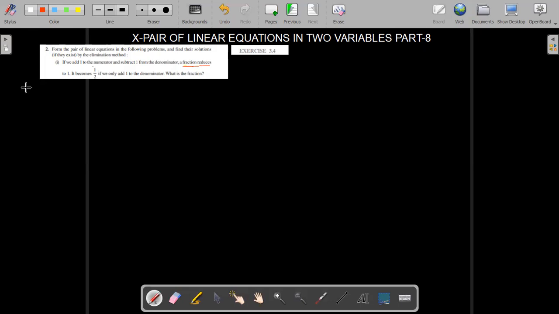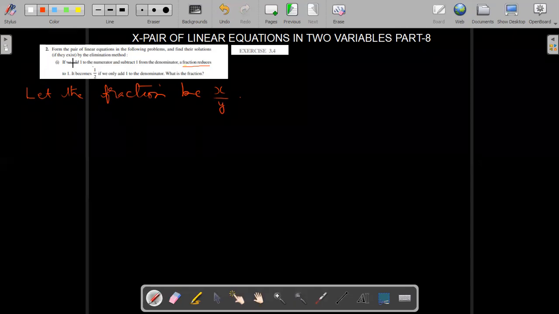Let the fraction be x upon y, where x is the numerator and y is the denominator.